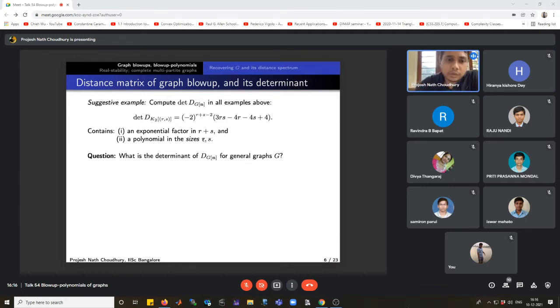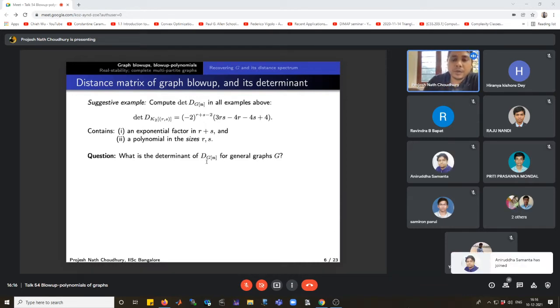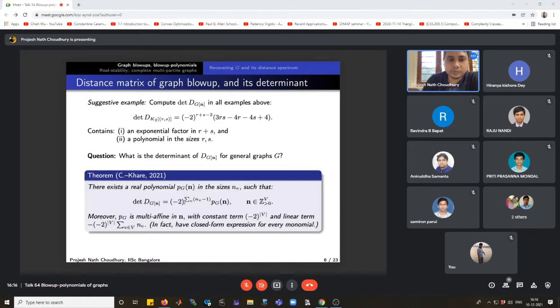So now the question is, what is the determinant of graph blowups for more general graphs? Does it have something similar? The answer turned out to be yes, and this is our first result.